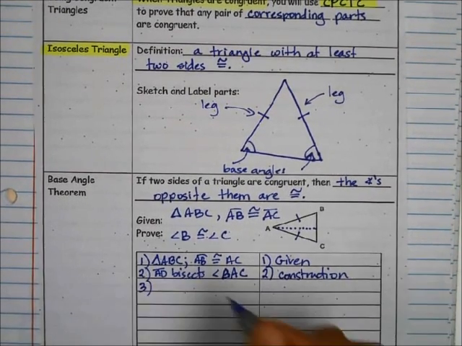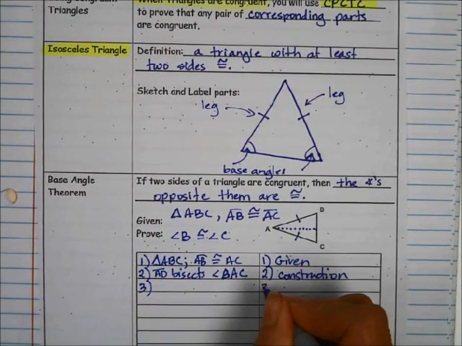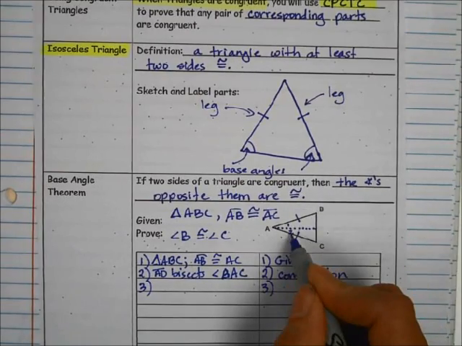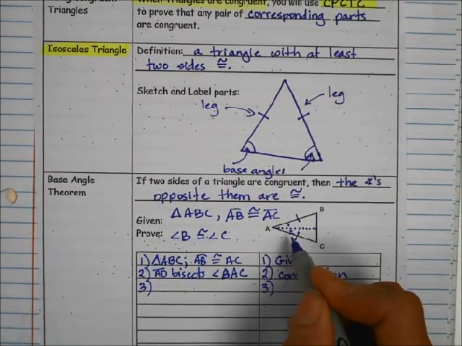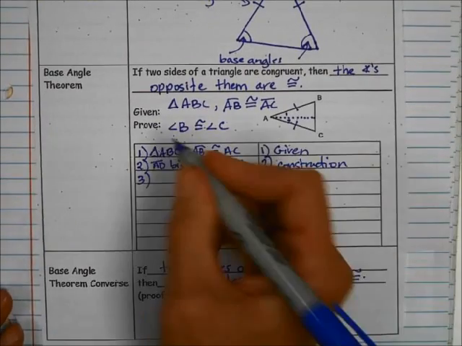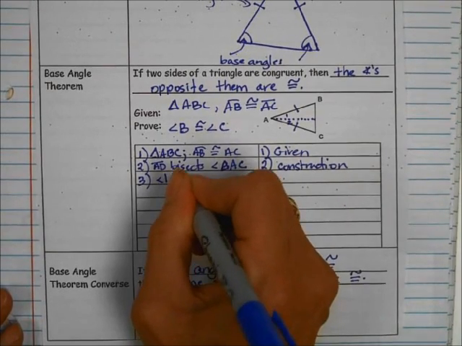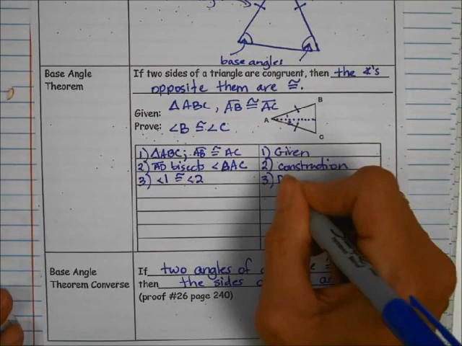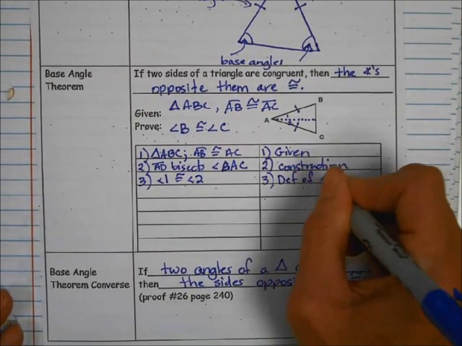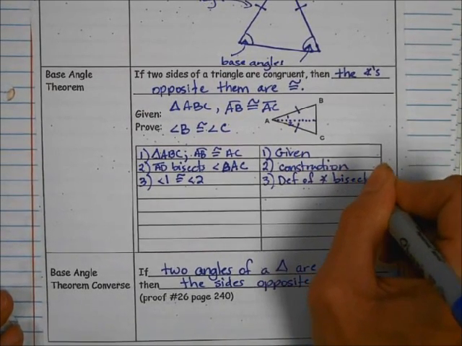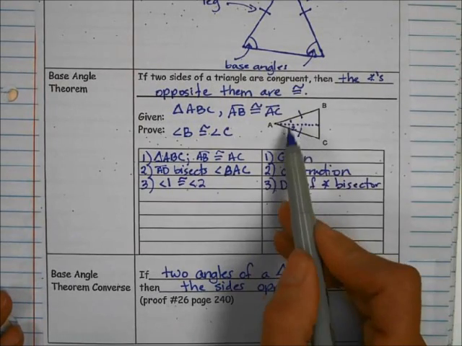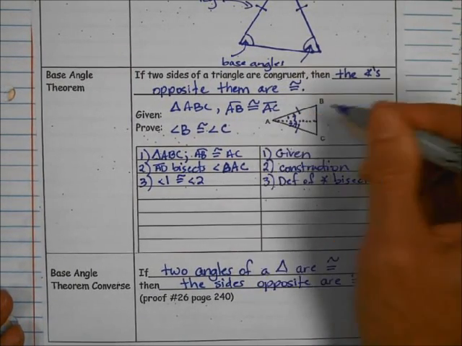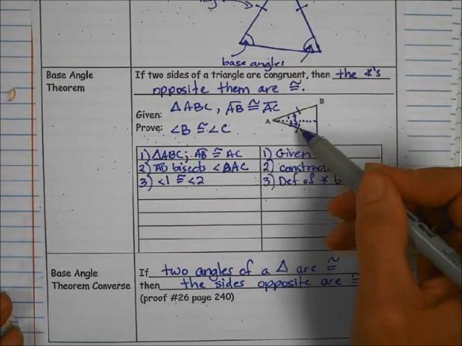We accept that. Now, step 3, when we bisected that angle, we created angle 1 and angle 2, and we know that they are congruent. So angle 1 is congruent to angle 2. That's the definition of an angle bisector. So we know angle 1 is definitely congruent to angle 2, and you can mark those off if you want, just to show that they are congruent.